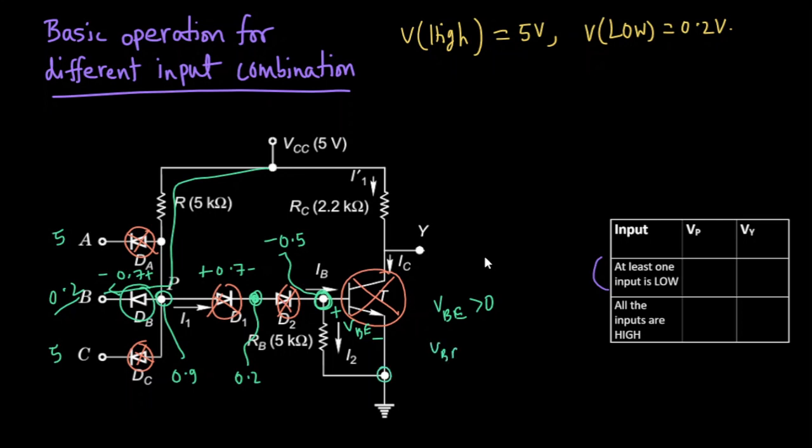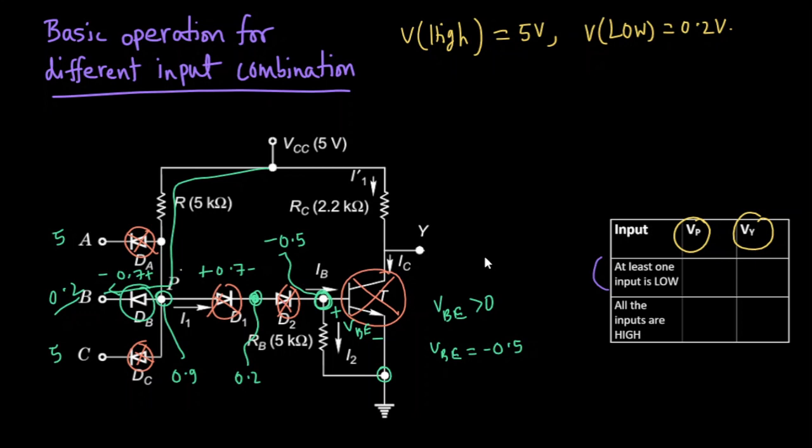So the base-emitter voltage for our case is negative 0.5, so the transistor T cannot turn on. When at least one of the inputs is low, in our case only the input of node B is low, and in all other such cases the analysis is very similar to this. Now we will calculate the value of VP, the node voltage of P, and the node voltage of output node Y for this case.